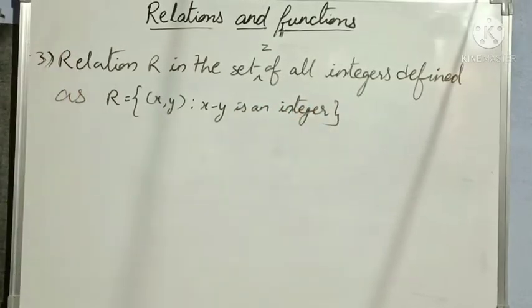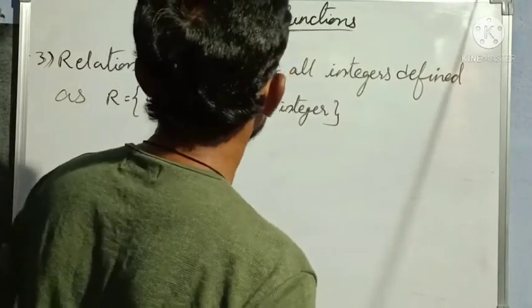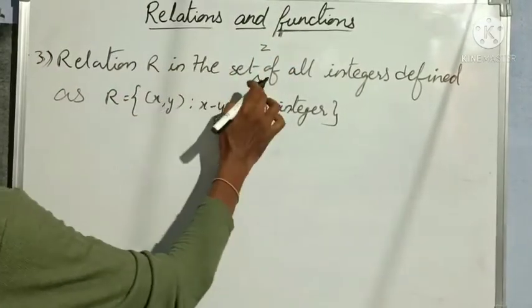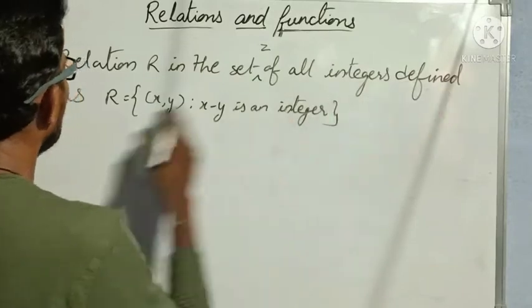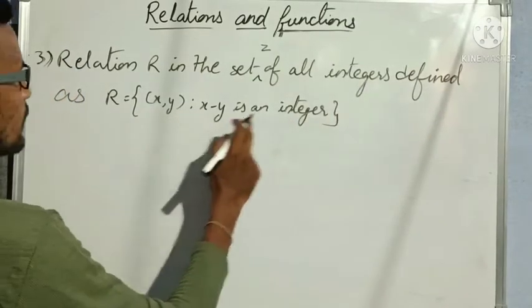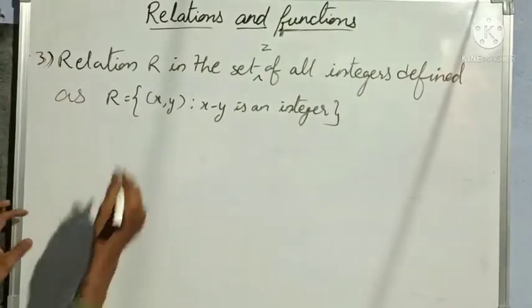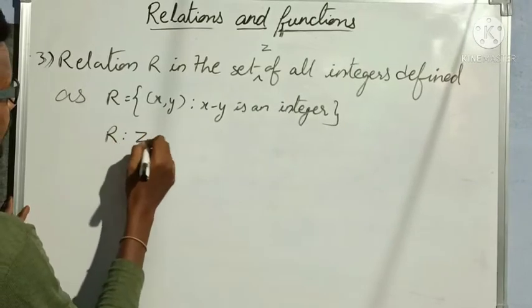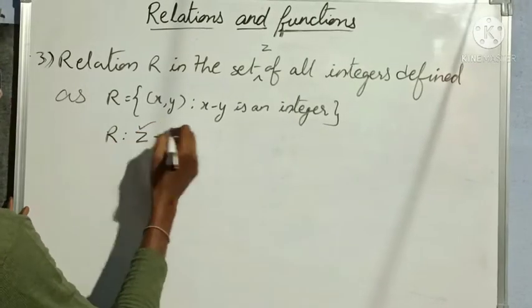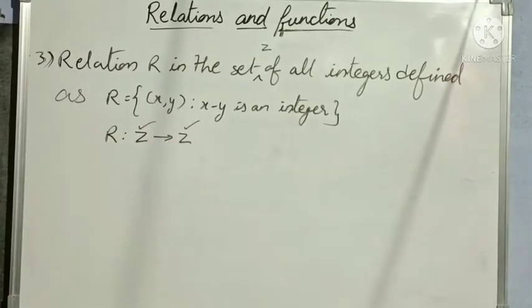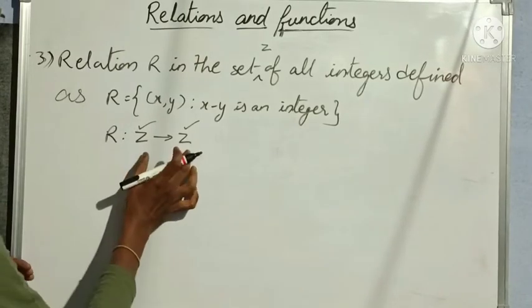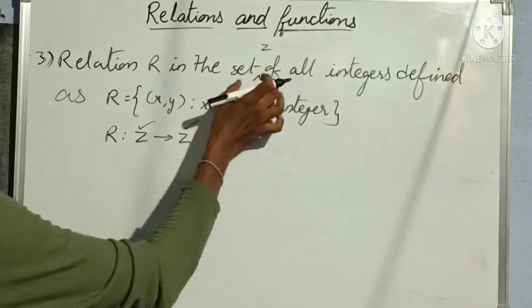So now here relation R is in the set Z of all integers, defined as R equals {(x, y) such that x minus y is an integer}. So here R is defined from Z to Z, means from integers to integers only. Okay, so no specific set is given in this question.